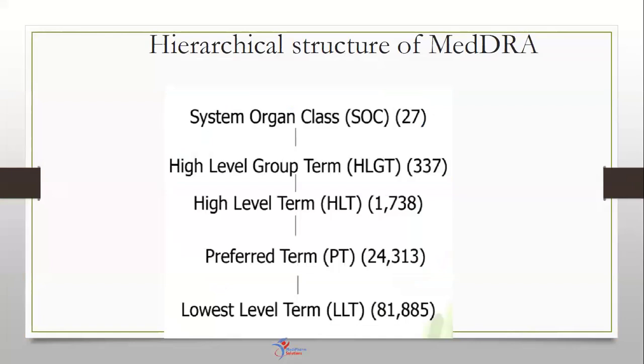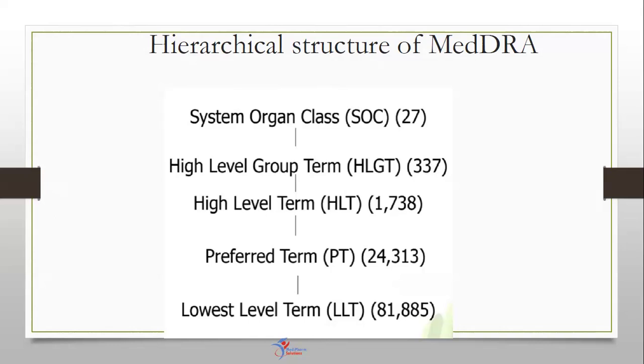Next, coming to the important part of this slide, that is the hierarchical structure of MedDRA. What this means is, whatever the subject gives in verbatim in your day-in and day-out PV job, you will be coding all the events. An event may be an adverse event or serious adverse event, whatever it may be, you are just going to code it with the help of the MedDRA tool.